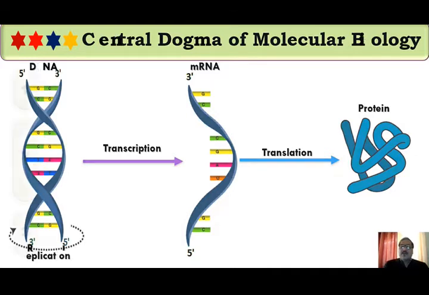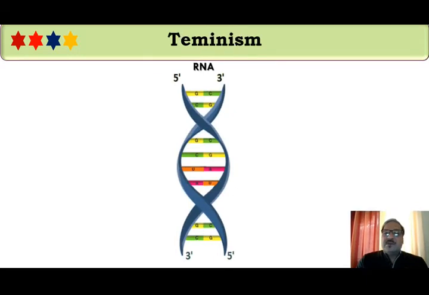Now, in case of organisms where the genetic material is RNA, like for example this coronavirus, there the genetic material is RNA, and it is multiplying in the bodies of human beings. So there we see this Temin-ism or central dogma reverse process.